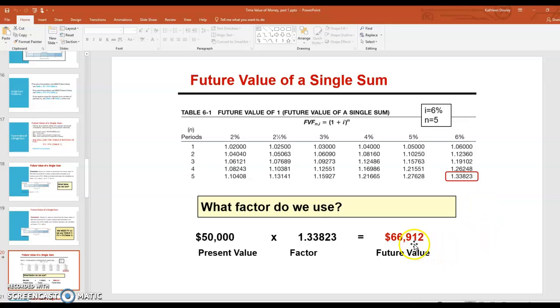So you're oftentimes going to get a little bit of a difference between the app and using the tables. And of course, it depends on what tables you use. Different tables go out a different number of digits. Generally, if you're doing this in real life, you would probably round this to say 66,900, and that'd be close enough. Okay, so let's go on to the next one.